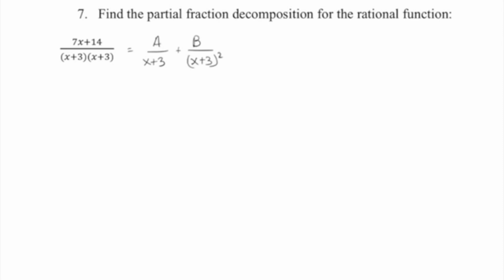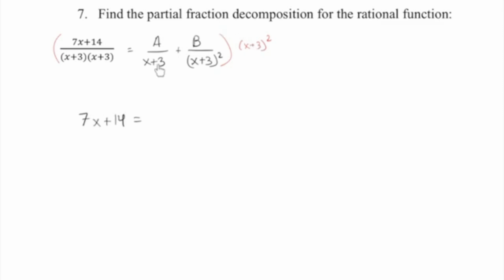Now when we multiply the whole equation here, we're going to multiply this by the lowest common denominator, which is x plus 3 squared. When that multiplies over here, the denominators x plus 3 squared cancel out, so you're just left with 7x plus 14.